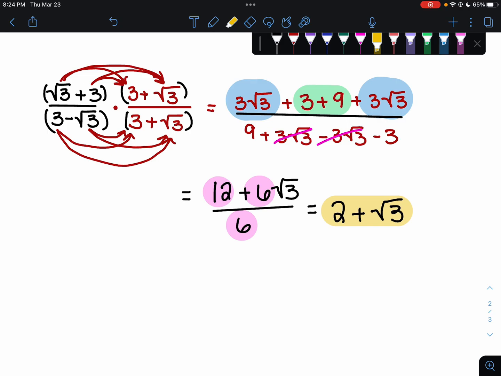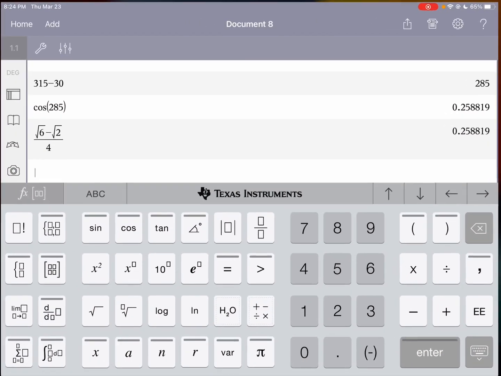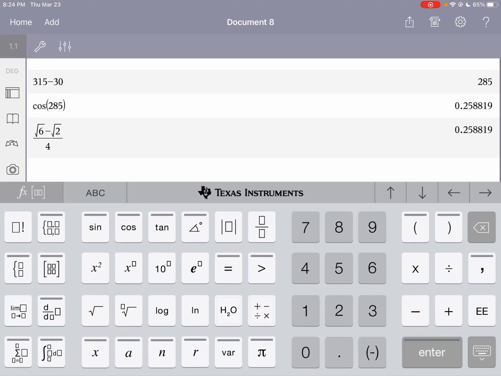So what I want us to do, just to double check everything, is to check the original problem with the calculator, the answer I allowed you to stop at with the calculator, and this answer that I just finished with the calculator. So here we go. First thing we have is tangent of 255.